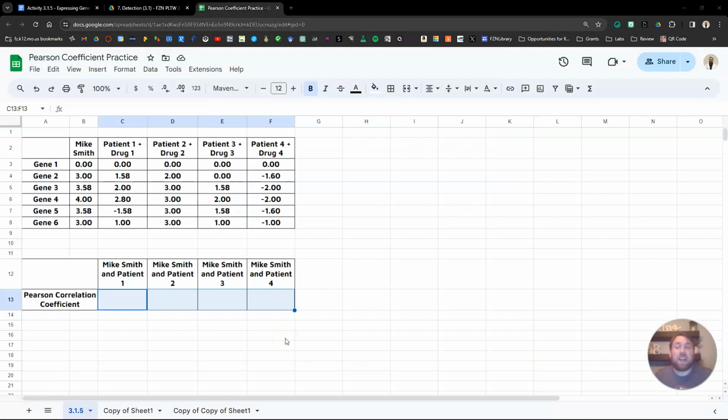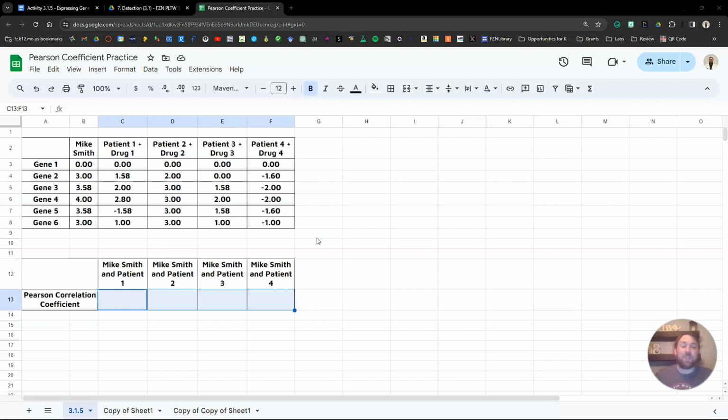So in Canvas, I want you to find a sheet that is called the Pearson Coefficient Practice, and it has our numbers from 315 in it already for us. I know, I'm too good to you guys. We are going to take the time to create Pearson correlation coefficients that compare Mike Smith to each of these patients, therefore telling us how likely each of those patients' drugs are going to work on Mike Smith.